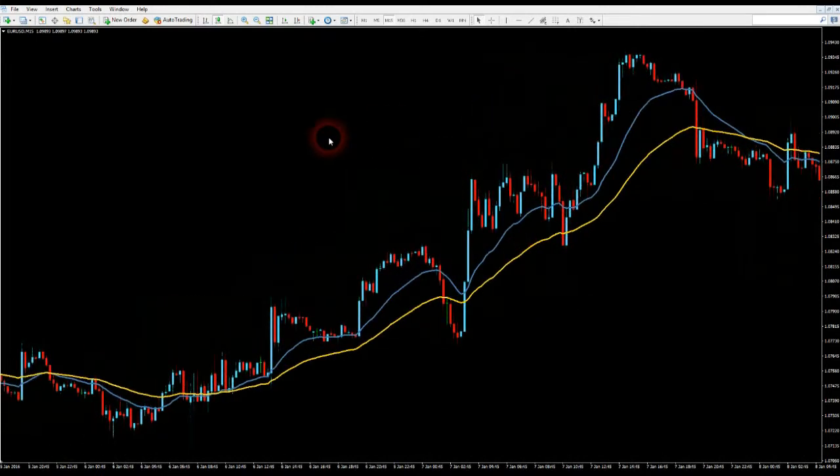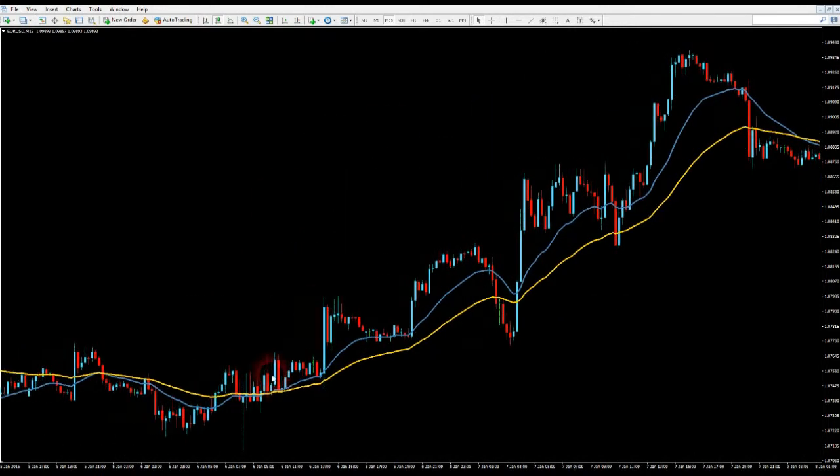So the crossovers, as I mentioned before, that's the third use for moving averages. When they cross, the lower period usually crosses the higher period from below and up for an uptrend, or from above and down for signaling a downtrend. Now in this case you have a nice uptrend here until it got broken.